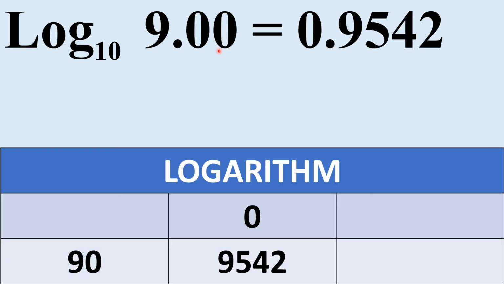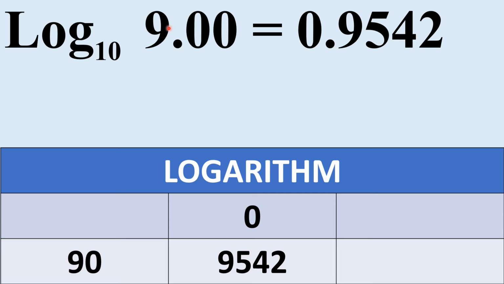Value of log 9 is 0.9542. Here 0 is the characteristic and 9542 is the mantissa. How to find out the characteristic? In the number 9, before the decimal there is only one digit. Whatever the number of digits, from that you subtract 1.